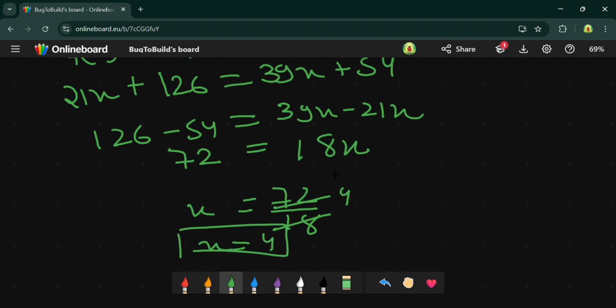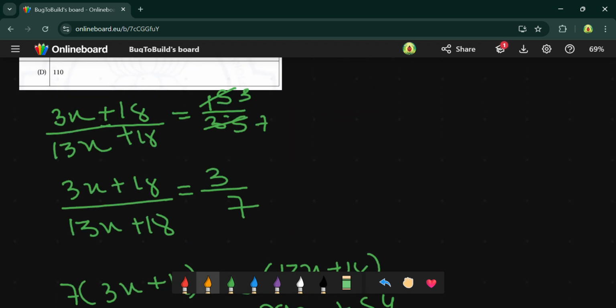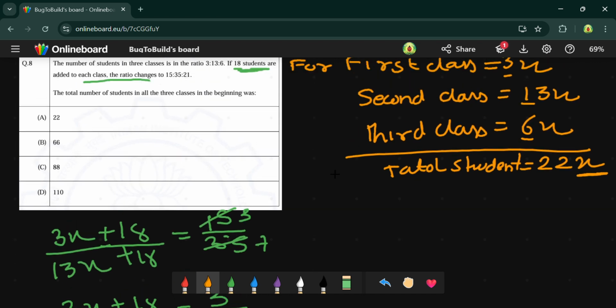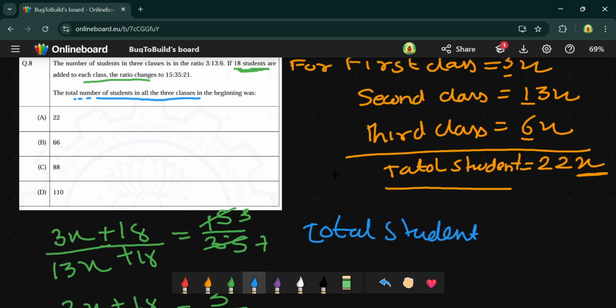After getting the value of x equals 4, you just have to substitute the value into the total students. In the question you have to find the total students in all the three classes. So the total students will be 22x, 22 into 4, which will become 88.